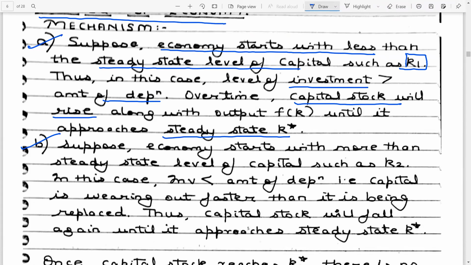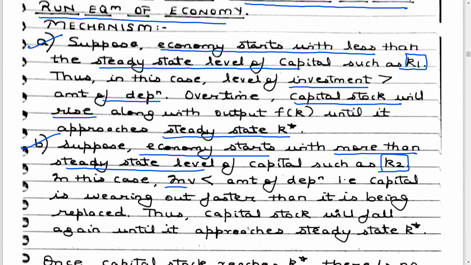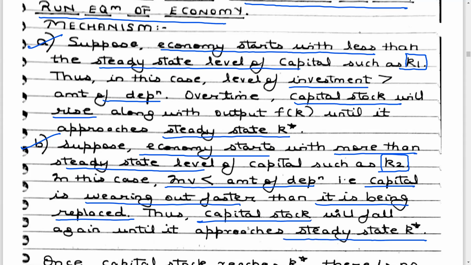And the second point, suppose the economy starts with more than the steady state level. Suppose at capital stock per worker K2 in the diagram. In that diagram, at K2, investment is less than depreciation. So that means capital is wearing out faster than what it's being replaced by investment. This causes the capital stock per worker to fall till we reach back the steady state level K star.